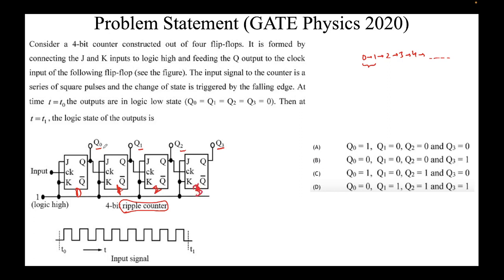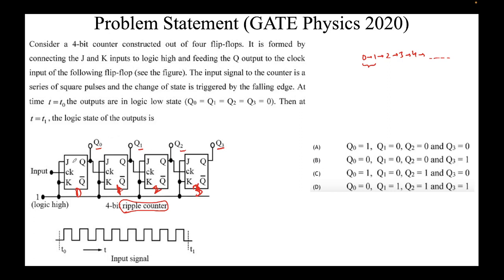The output of JK0 is the clock of JK1. Similarly, the output of JK1, which is Q1 here, is the clock for JK2. You can see here. And similarly, the output of JK2, Q2, is the clock for JK3. This is how the circuit diagram for a ripple counter looks.